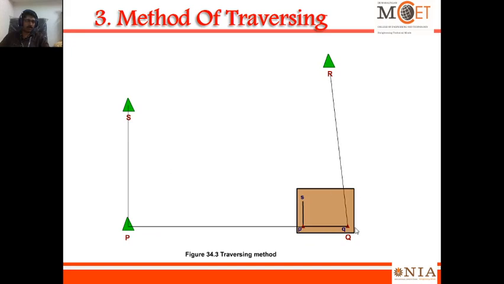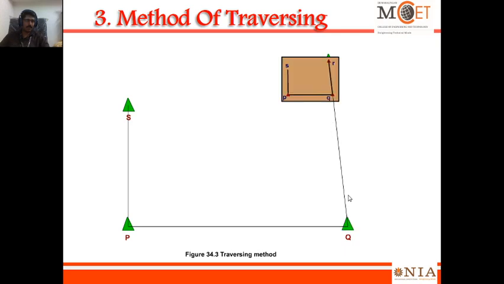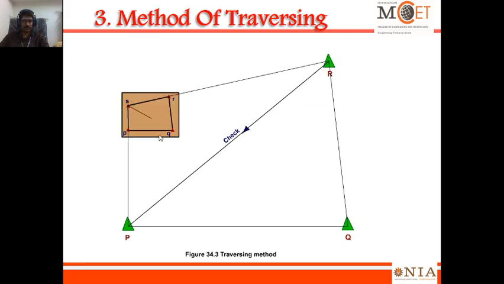Shift the instrument to Q, backsight, view R, drop the line, mark the line, shift to R, sight S, the check line. Then shift the instrument to S, another check line. If it exactly crosses everything, then the traverse is complete, right? This is the process of the method of traversing.